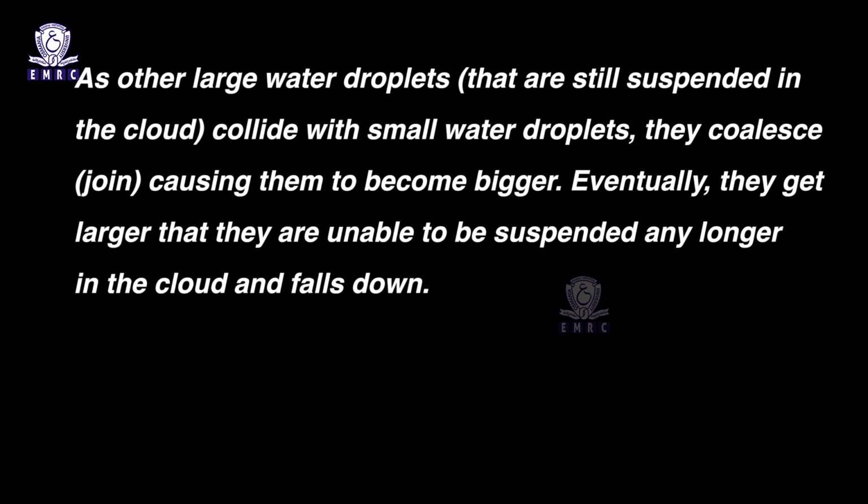Eventually, they get so large that they are unable to be suspended any longer in the cloud and fall down. Upon falling, the large droplets are ripped apart by the convectional currents and air friction, which disintegrates them into new droplets which fall as rainfall. Collision coalescence mostly applies to warm convectional clouds in tropical areas.